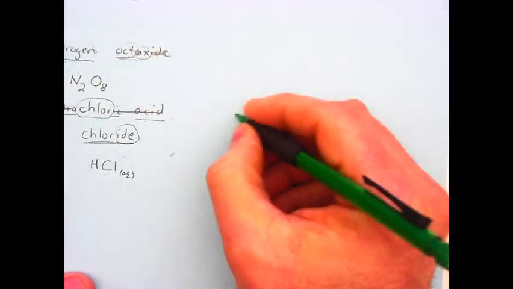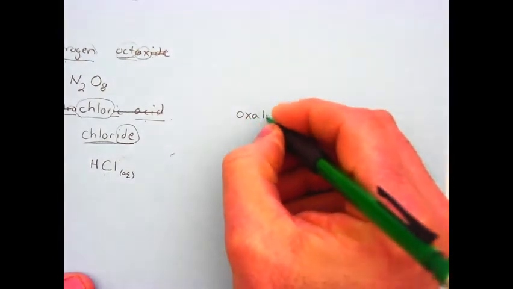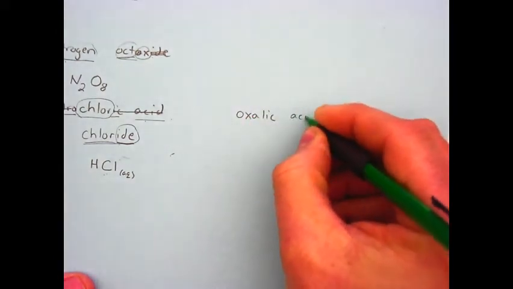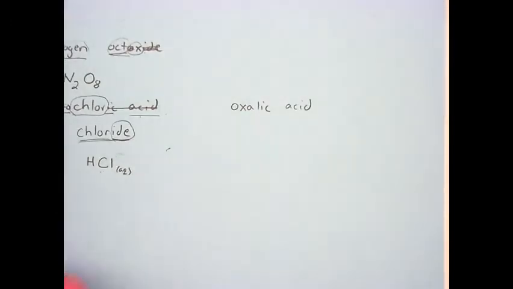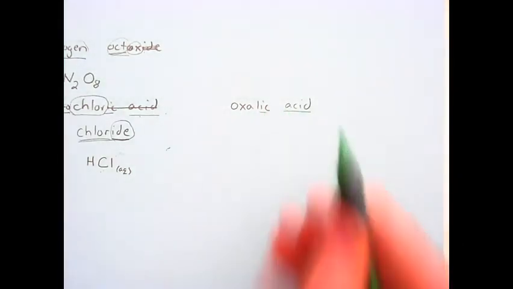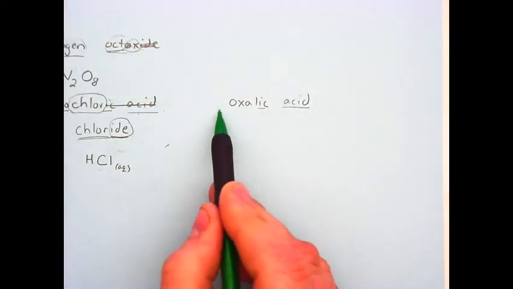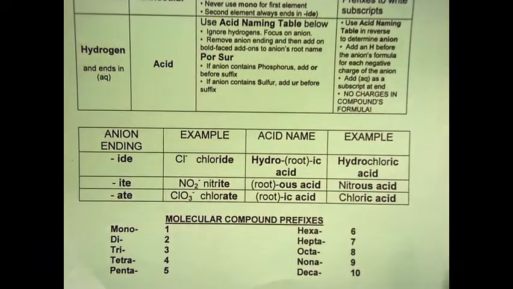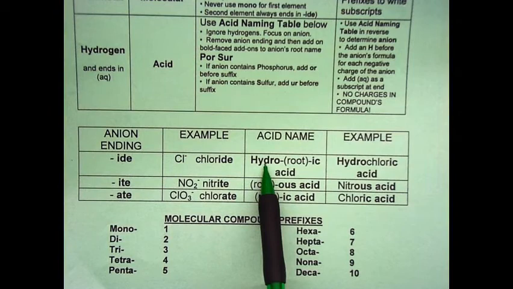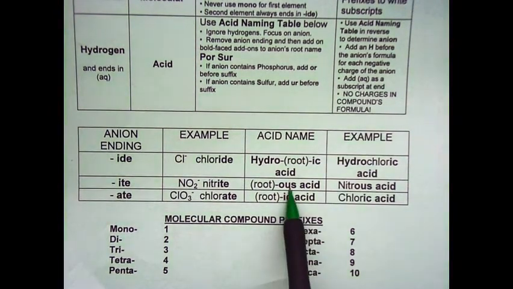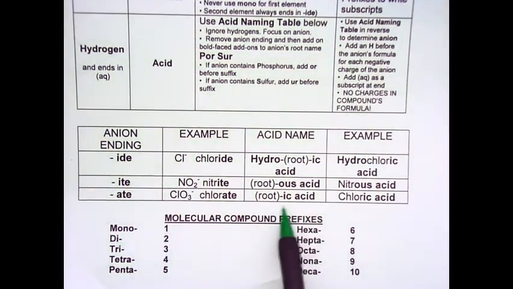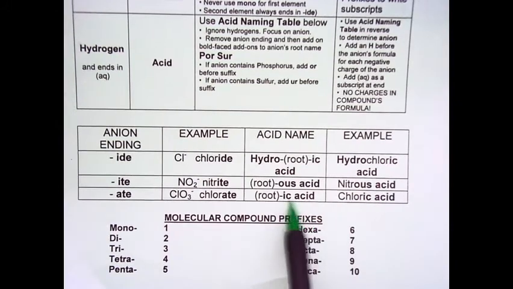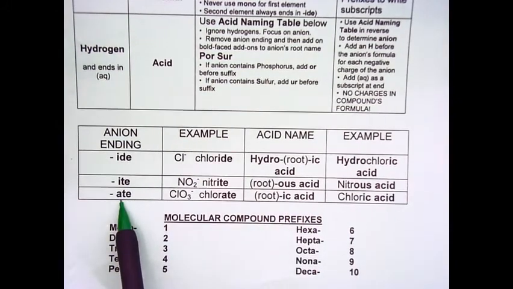Let's say we have oxalic acid. Now, oxalic acid has ic acid as the ending, with no hydro in front. So looking on the acid naming table, it can't be the hydro one. It doesn't have ous acid at the end, but it does have ic acid, which means the original anion ending was ate.